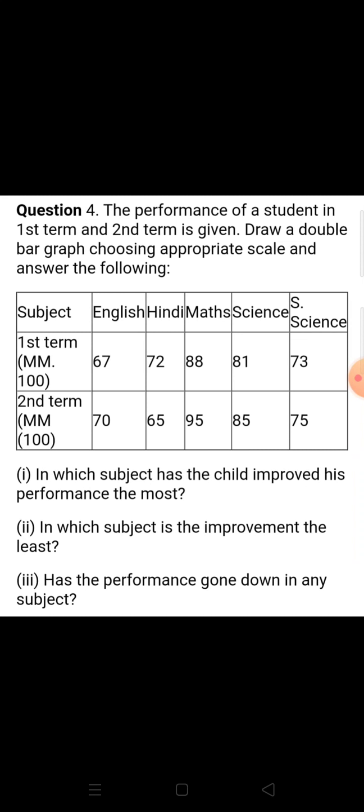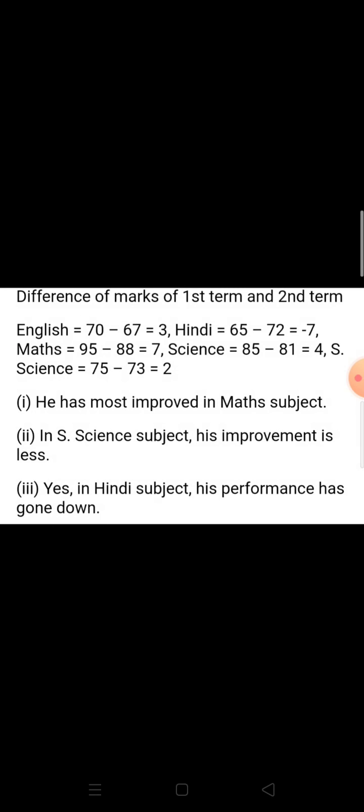Now the time is for question answers. In which subject has the child improved his performance the most? So for this we need the difference of marks in these subjects. So let us find out the difference. In English, first term 67 and second term 70. So 70 minus 67, that is 3. Hindi 65 minus 72.